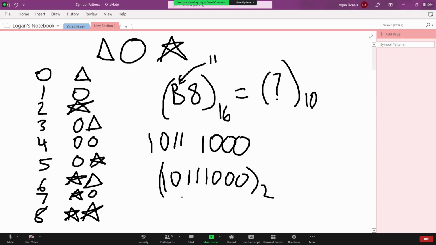And from here to decimal, you can just add everything together with a 1. So this would be 8, and then 16, and then 32, and 128. Sorry, my handwriting is terrible on computers. I need a calculator.